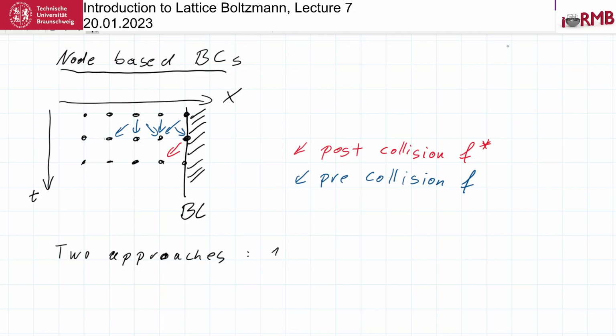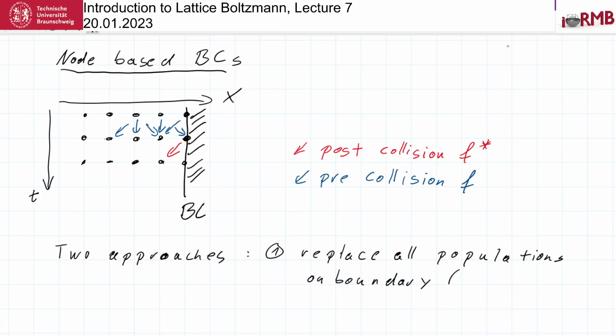The first one is to replace all populations on the boundary, for example, with equilibrium.